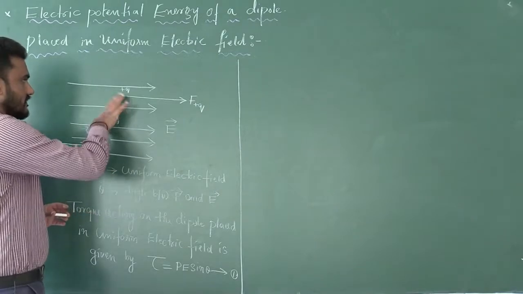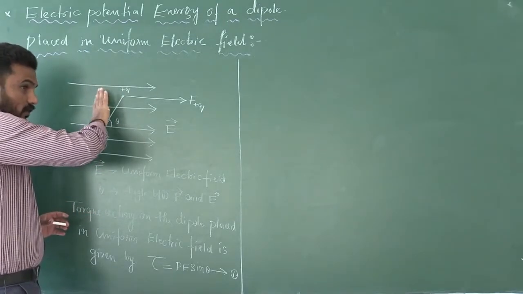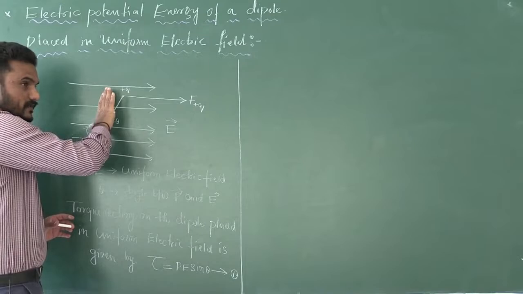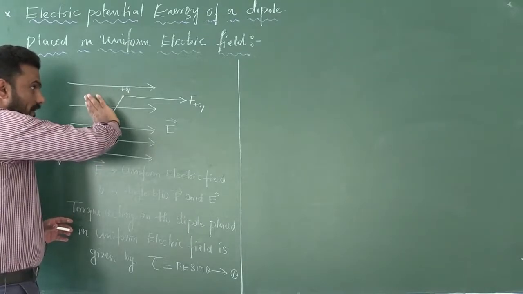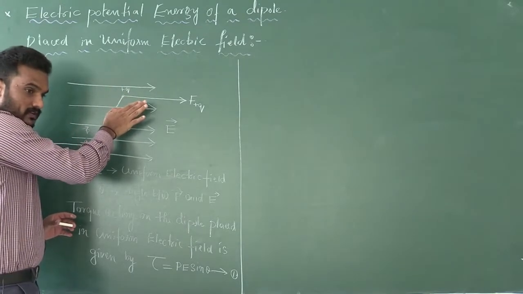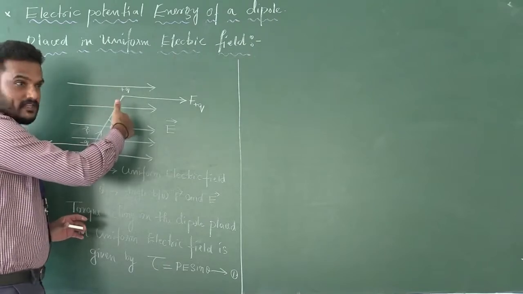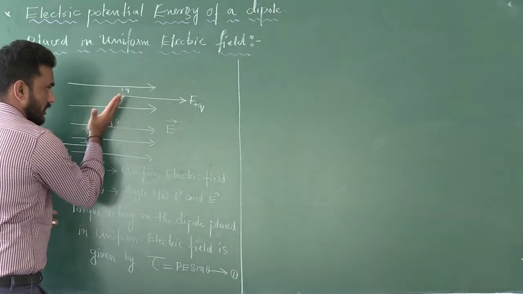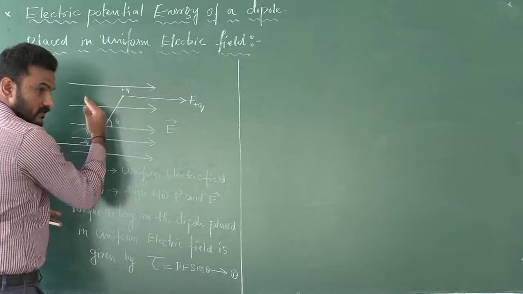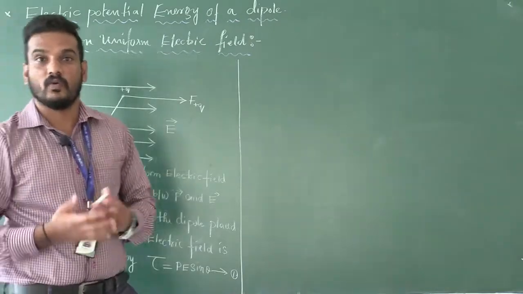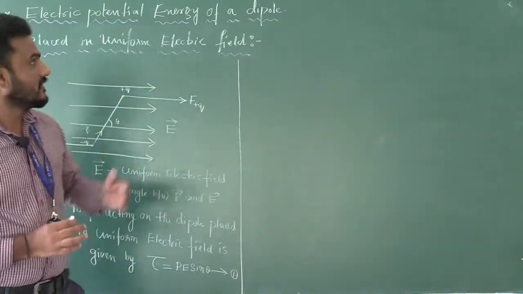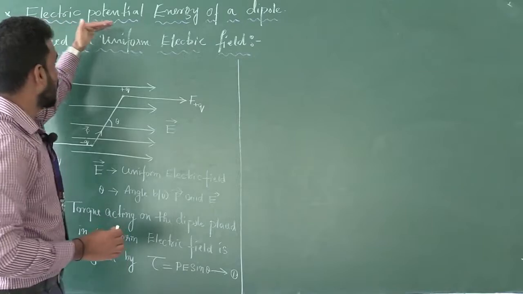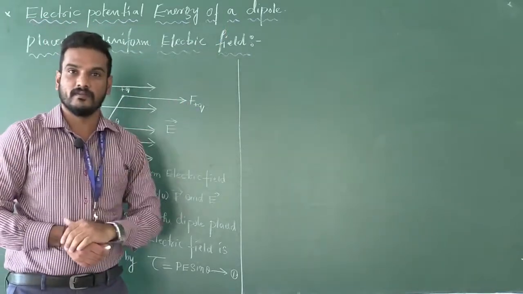Now the torque is rotating, which means the dipole is rotating in clockwise direction. So opposite to this direction, I need to rotate this dipole. So for that, what do we require? Work done is required. Then what do you mean by electric potential energy of a dipole?